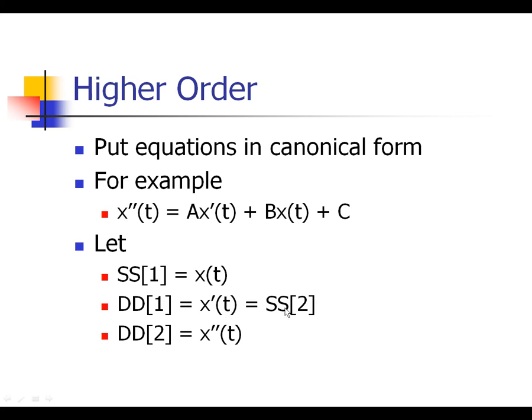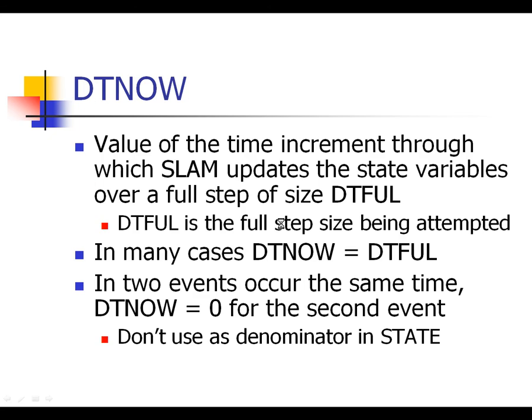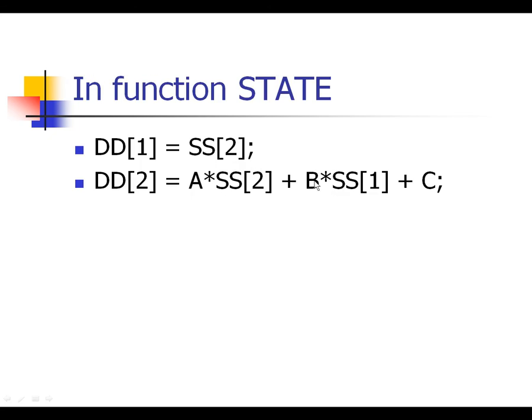And we'll also equate that to SS2. So then the derivative of SS2, which is DD2, is this second derivative. So in function state, we can express it in this manner and handle higher order equations. Most applications are fairly straightforward and don't involve all of these different derivatives.